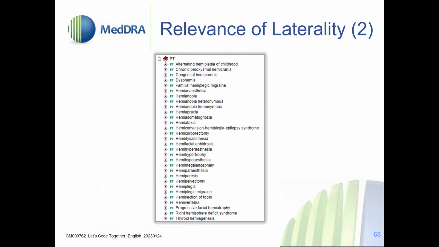And when searching for PT names which include the string hemi, you can see that most of them relate to neurological disorders, and there are quite a number of them, in addition to the PT that is relevant for our case, hemiparesis. Capturing laterality information for conditions like anesthesia, dysesthesia, paresthesia, paresis, etc. is medically relevant and has to be considered when coding.